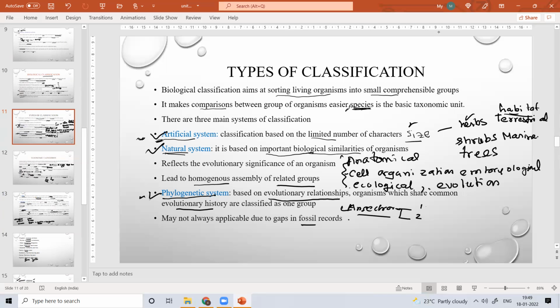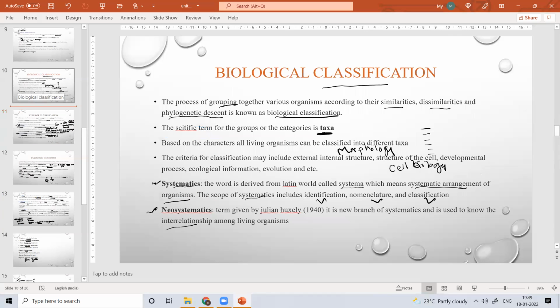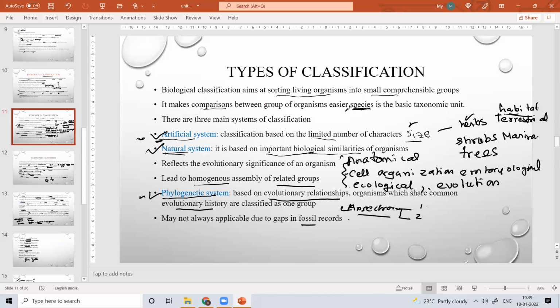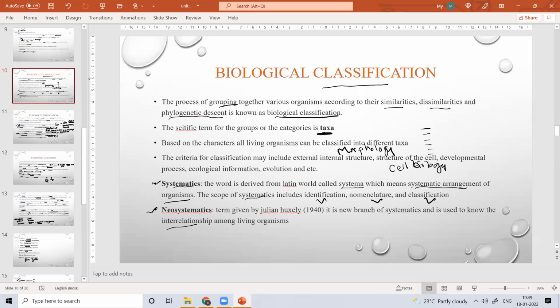Fossils need to be found. Because of the gaps in the fossil record, it is not possible to apply phylogenetic systems. So though it is good, it is not applicable to classify all living organisms based on phylogenetic relations. These are the types of classifications: artificial, natural, and phylogenetic.